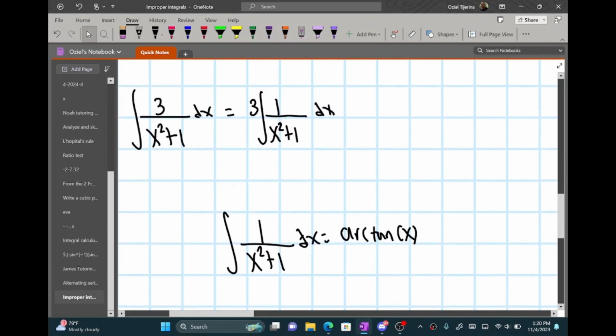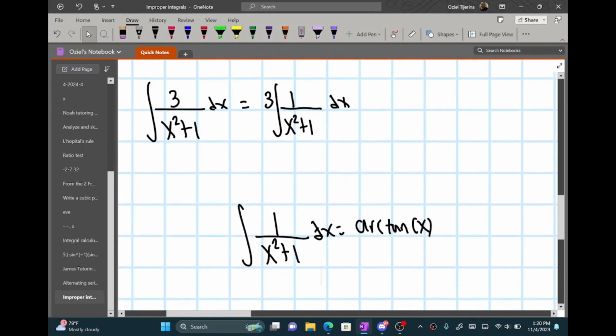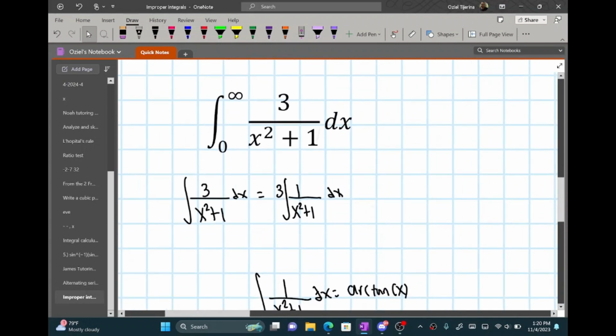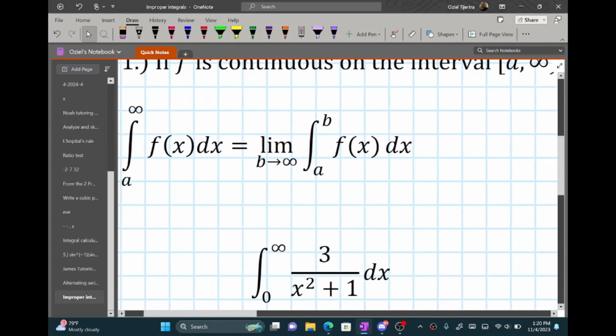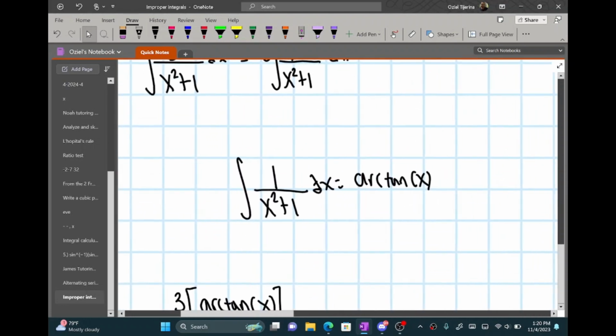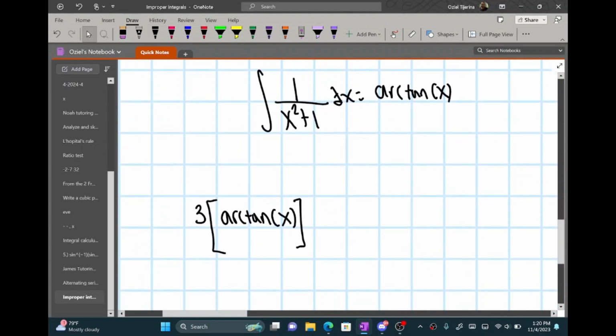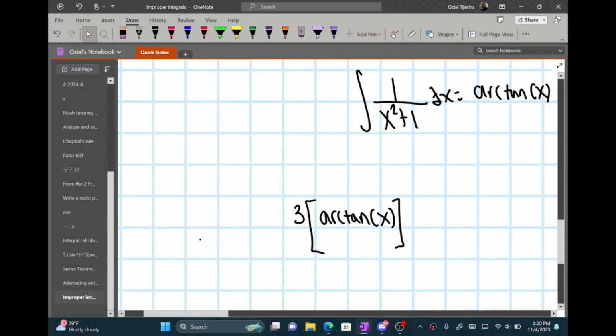And then it's going to go from 0 to b, excuse me. So really, we're doing this formula. It's the integral from 0 to infinity, or really, this is the integral of 1 over x squared plus 1. So let me first write that down.